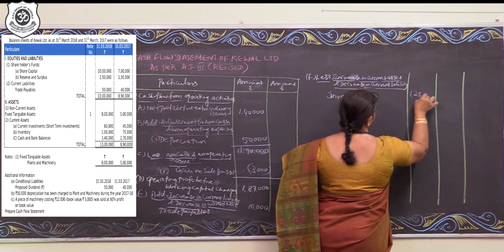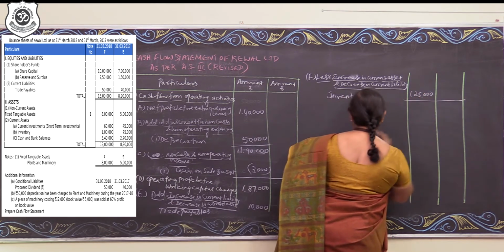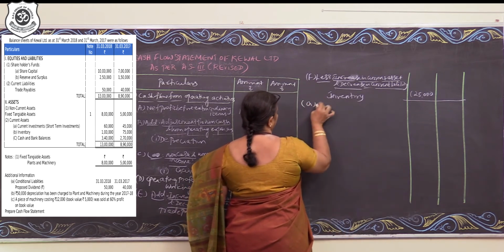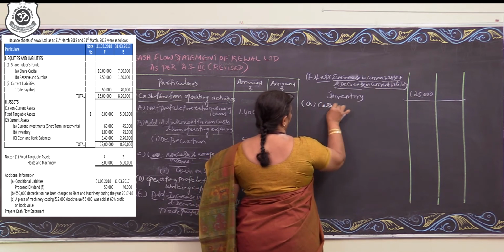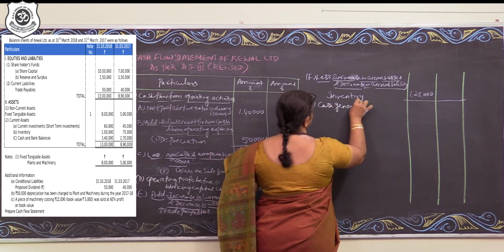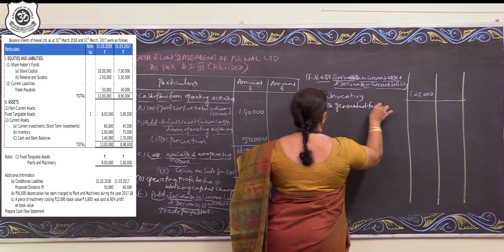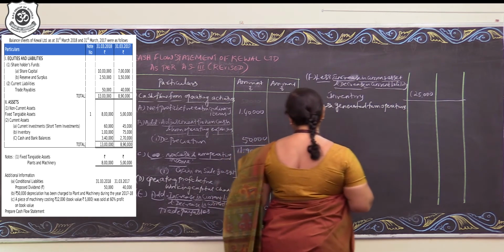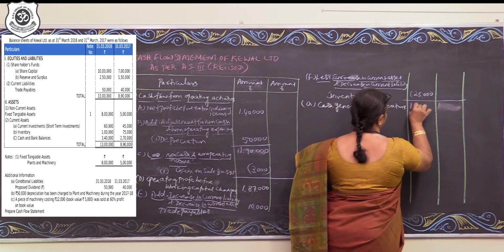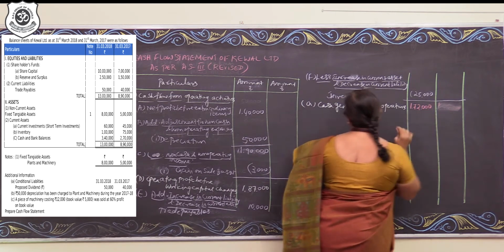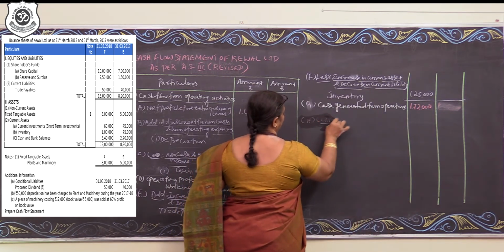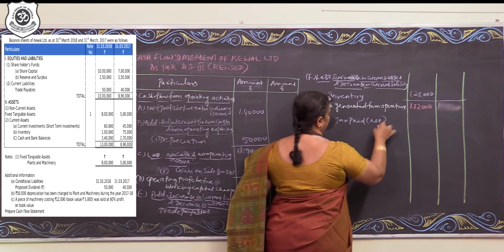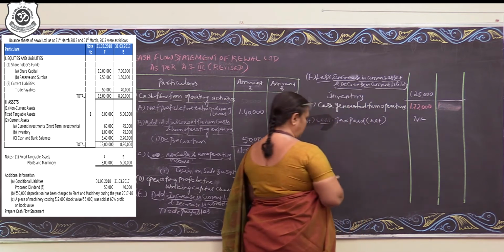Inventory is increasing by 25,000. So, we get G, cash generated from operations is 1,72,000. H, less tax paid net. You don't have any tax at all.